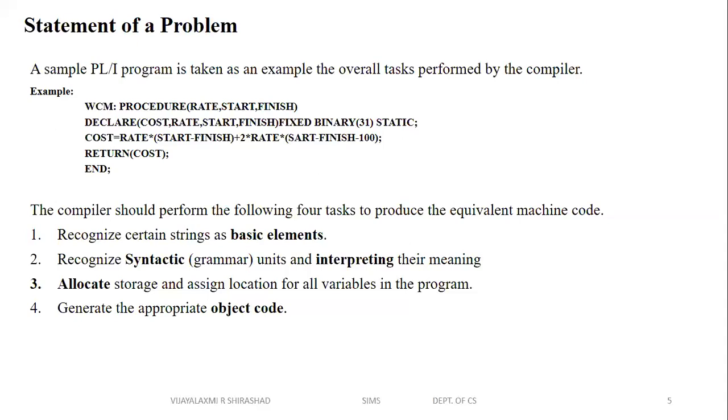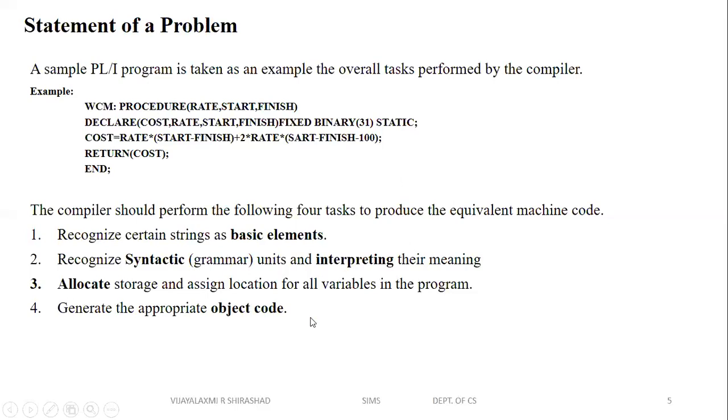Syntactic is nothing but the syntax and semantics used by the programming language you chose for writing the code and interpreting its meaning. Whichever syntax and semantics you use to interpret the meaning, we are using in the second step.